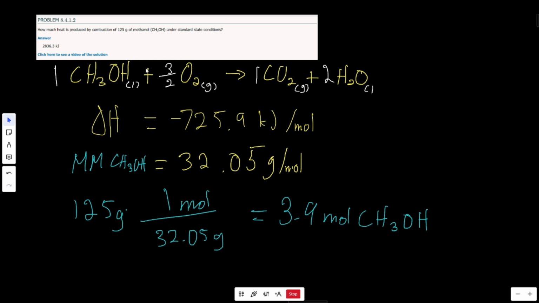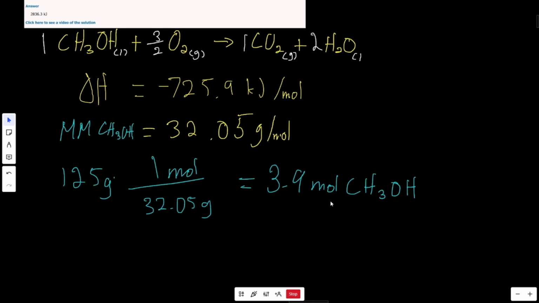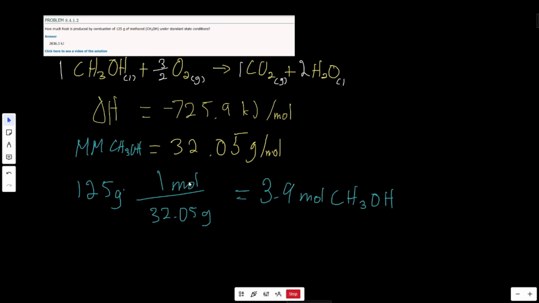Because obviously, if the methanol is going to be finished last, or if there's excess of it, then we have to be paying attention to how much oxygen is being used up, because that's going to limit our reaction. And that's why we need to figure out which one here is the limiting reactant.